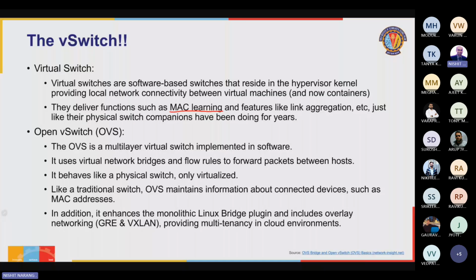So all these features that a physical switch has, quality of service, VLAN, fault management, flood and learn, a virtual switch implements all of them. The only difference is that all these functions are implemented in software, and hence we are calling it a virtual switch.